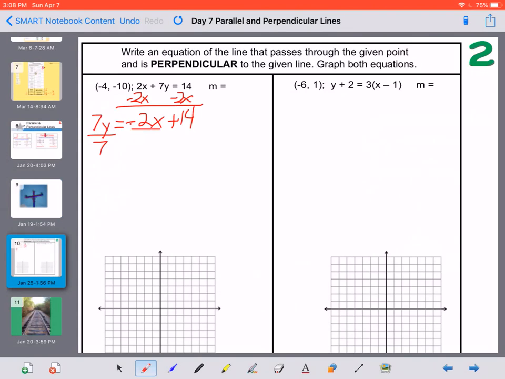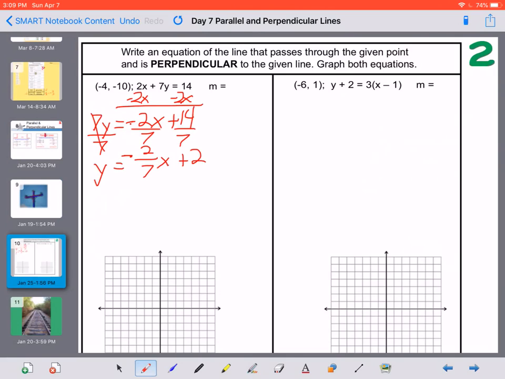Divide by 7, and we get y equals -2/7x plus 2. So that is our first line.